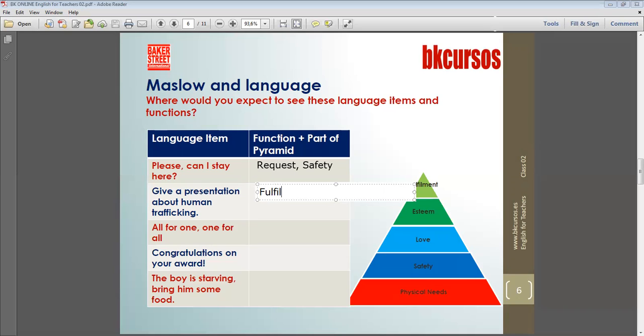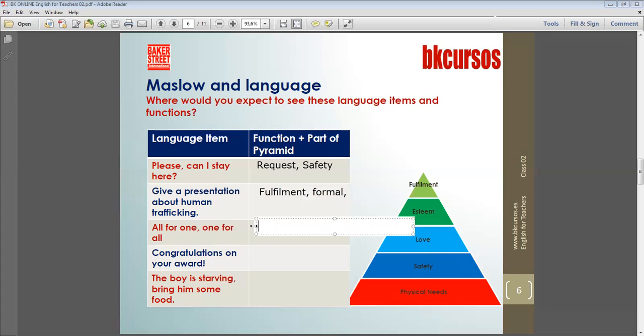Yeah, because it's formal, and because it's formal, it needs to be created in a formalized manner, and because we're talking about something which needs some morality as well. So human trafficking is a bad thing and you need to consider that. So that would be fulfillment. Okay. What about this one?